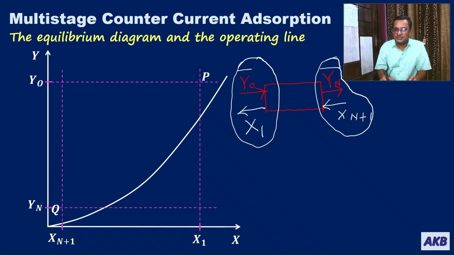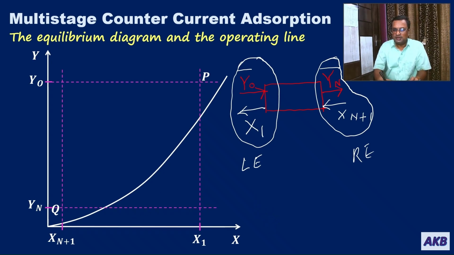Point P represents the left end of the cascade, whereas point Q represents the right end of the cascade. I hope you are understanding the concept. If you have any doubts, you can mention them in the comment section. So let us move ahead.